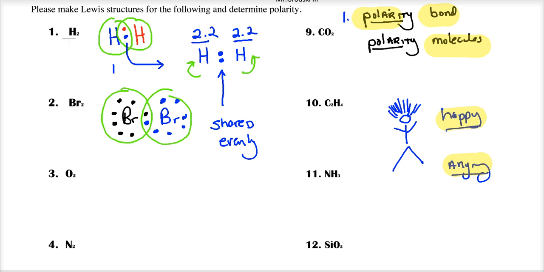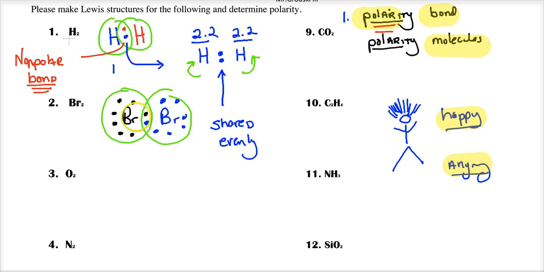Therefore, we would say that the bond is a non-polar bond. There's no difference. We both have the same number. Now, if you're a nonpolar bond, that means that your molecule, if it only has one bond, has no shot to be polar. So, the first thing we're discussing is the polarity of the bond.